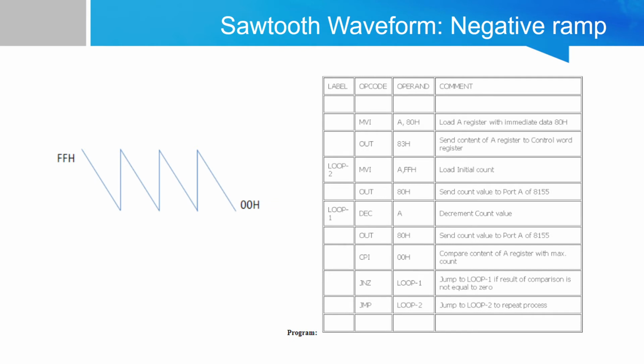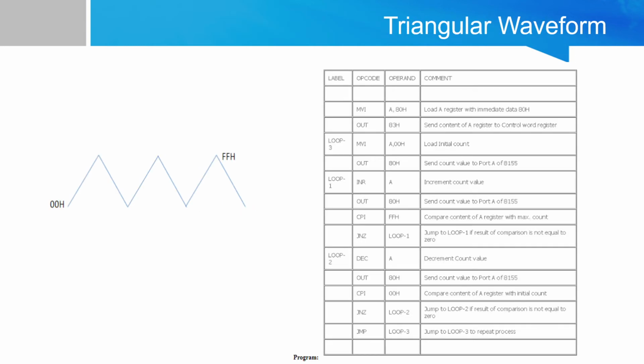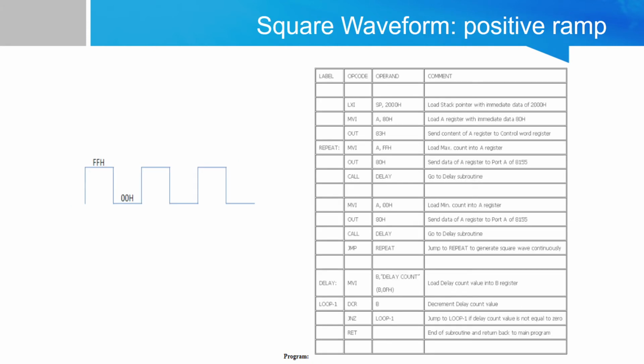And then there is the sawtooth waveform with negative ramp and the program. And then the triangular waveform and the program. And lastly, the square waveform.